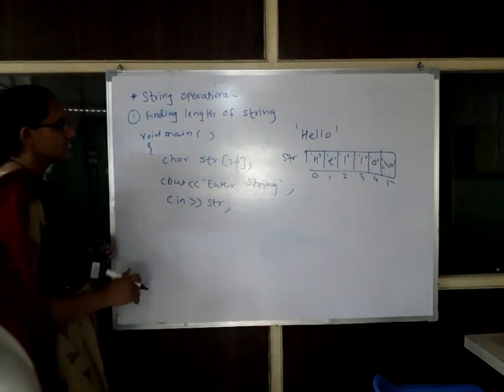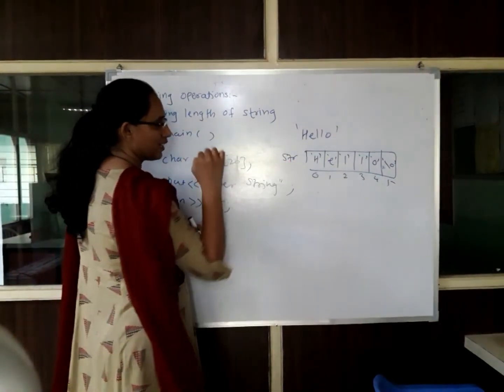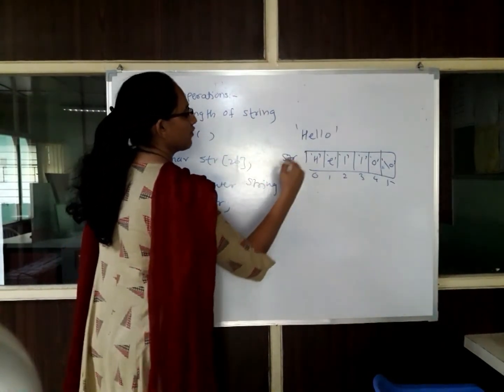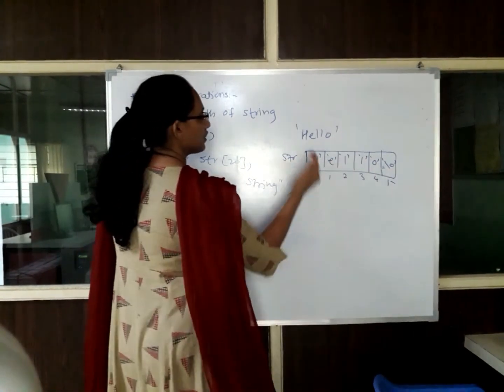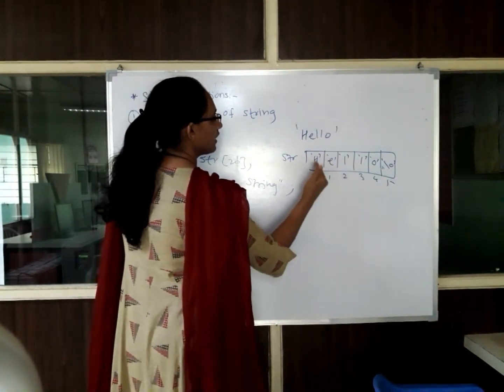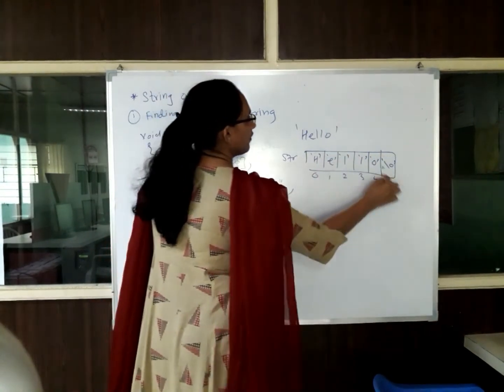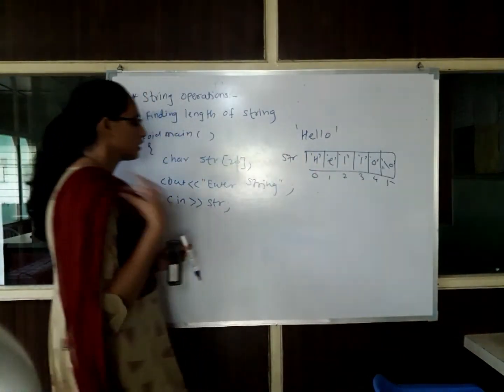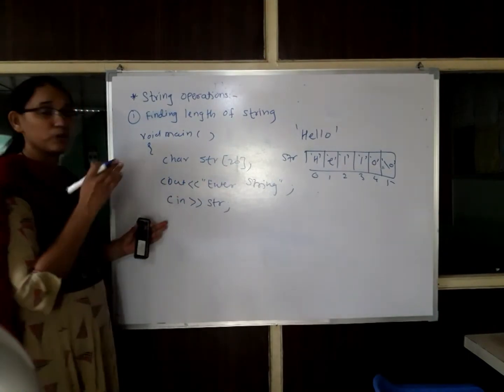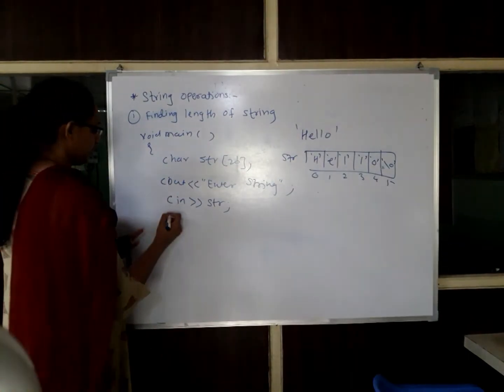So when we encounter this null character, we stop counting the characters in the string. How can we write this? We start from the 0th index and check whether that character is null. If it is not, then make a count. Then again increment. If it is not null, then make a count until we find this null character. You can use a for loop or a while loop, anything.